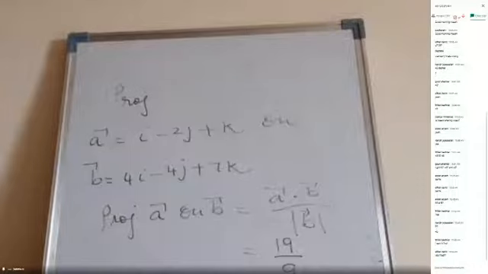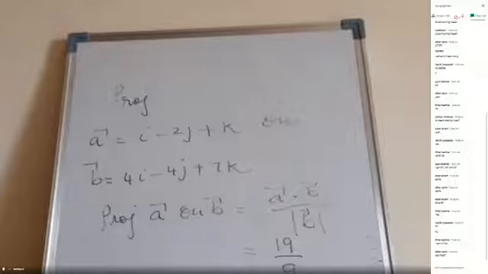Projection of A vector on B vector. So what is A dot B? Is it 1 by 3, ma'am? Why is it 1 by 3?